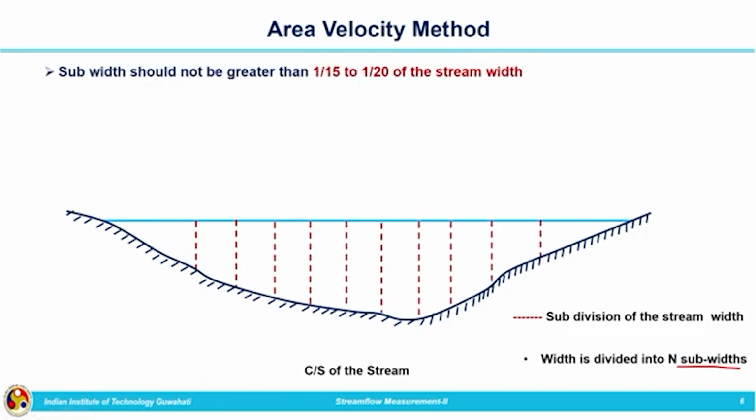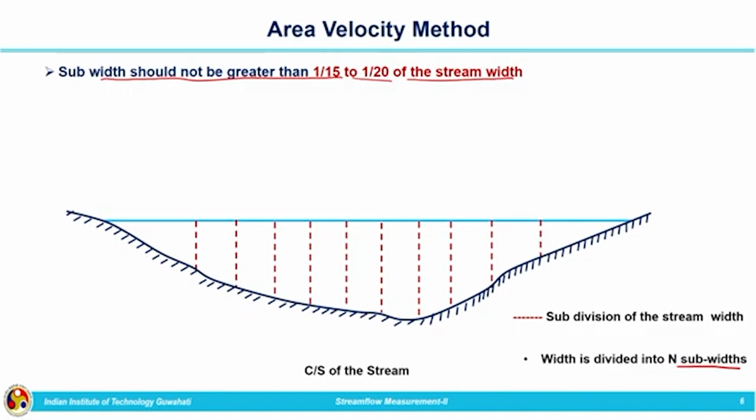There are certain criteria to be followed while dividing the width, that is, the width of each subsection or subwidth should not be greater than 1/15 to 1/20 of the stream width. Total width is there, and each subwidth should not be more than 1/15 to 1/20th of the total width.